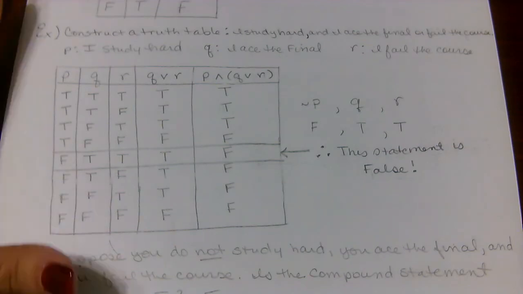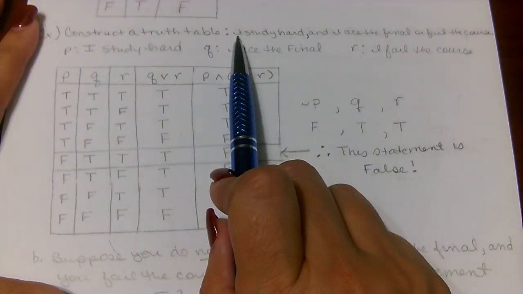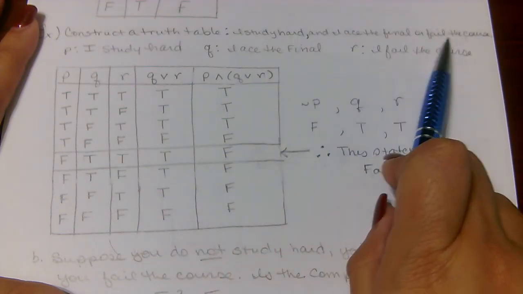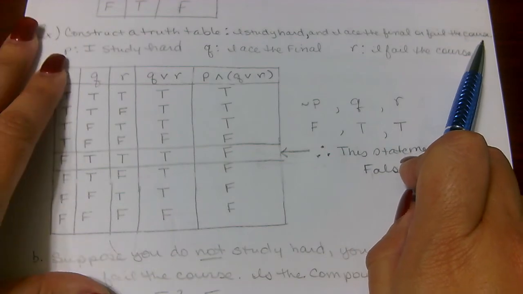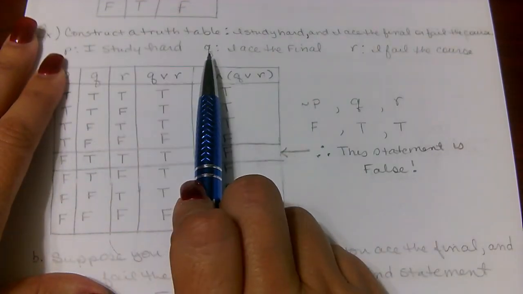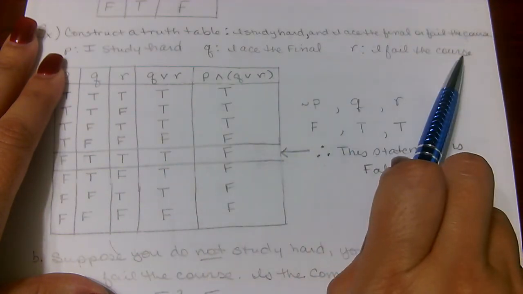On the next example, we're constructing a truth table with the following statements. I study hard, I ace the final, I fail the course. First thing I'm going to do is assign our variable. P will be I study hard, Q, I ace the final, and R, I fail the course.